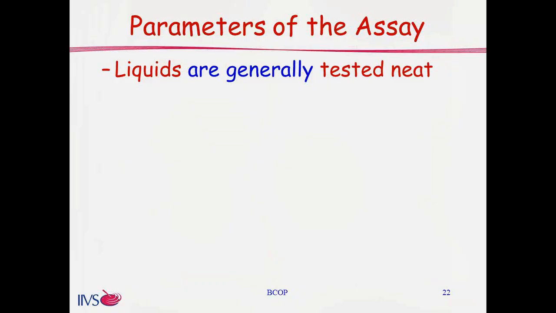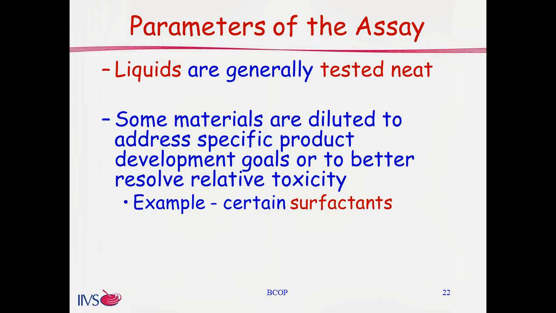Now here are the parameters for the assay itself. The OECD guidelines specifically identify that liquids are generally tested neat. So the idea here is that this is a test system that allows you to apply the liquids to the corneal test system in the same fashion that they could potentially be exposed in vivo.